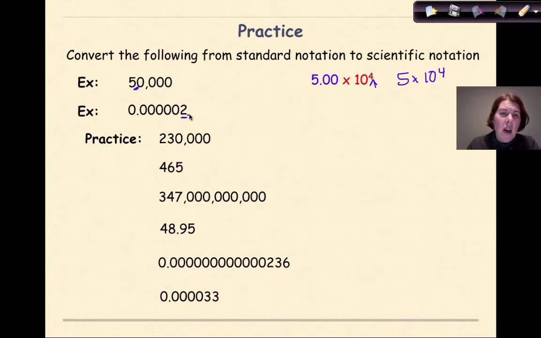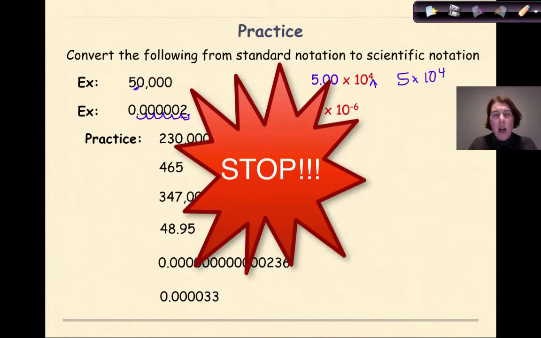So if we had to count, we'd start right here, and we'd say 1, 2, 3, 4, 5, 6. So when we write this number, it's going to be 2 times 10 to the negative 6 because this number is less than 1. So now what I'd like you to do is stop, pause the video, practice these, see if you can write them out in scientific notation, and then we'll see how you do.